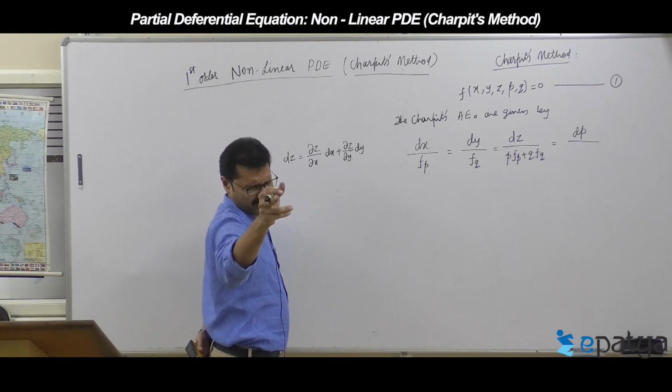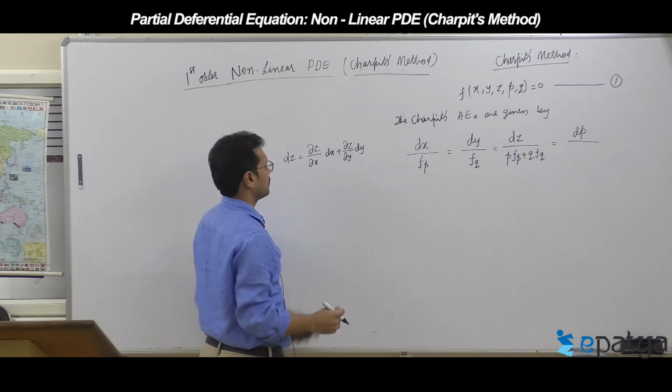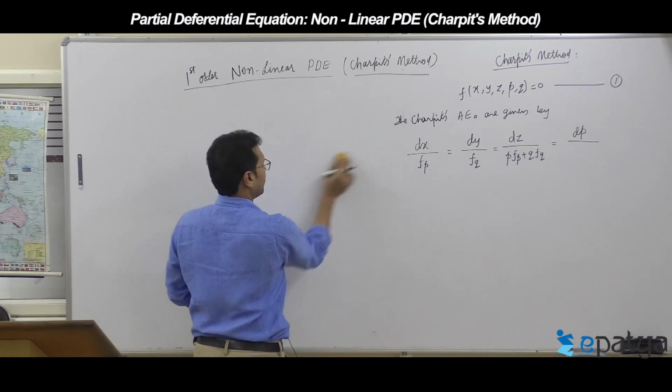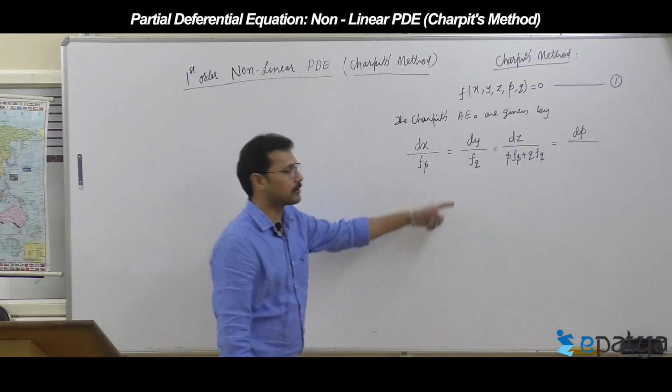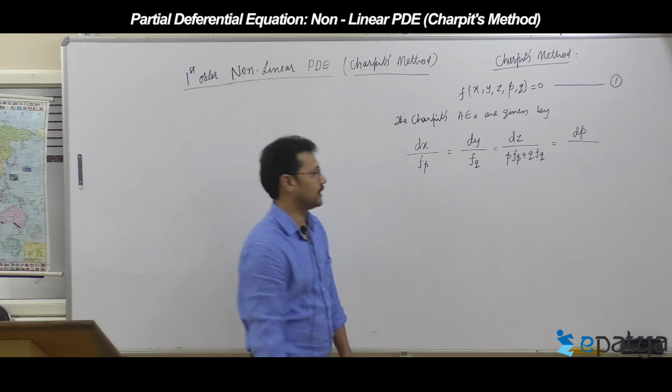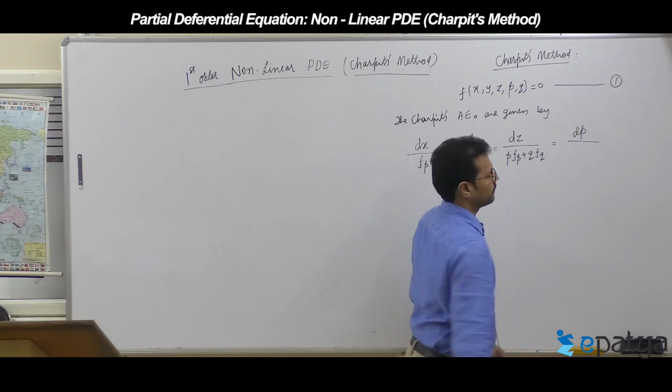What was that actually? p p plus q q equal to r, right? Anyway, I will discuss this. If it is in the standard form of Lagrange's, these three look like Lagrange's only. How? I will show you later. Let me complete this first.